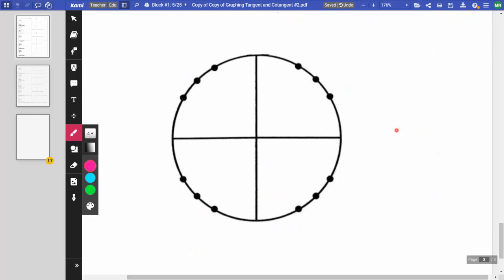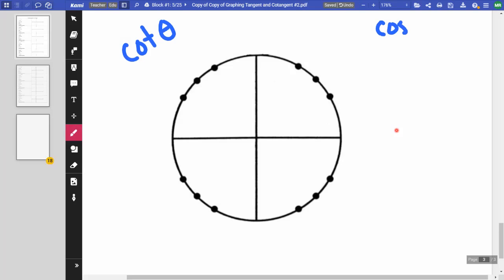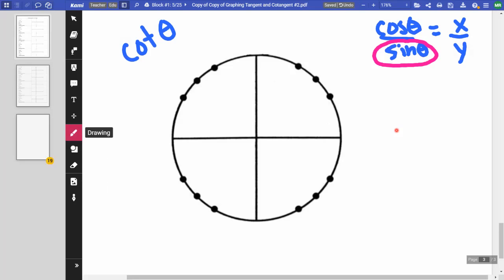Then if I'm dealing with cotangent, so cotangent is going to be cosine over sine, or if I'm on a unit circle, x over y. So wherever my sine is 0 or my y is 0, that's where I'm going to have undefined. So it's 0 here. So this is going to be undefined, which means asymptote.